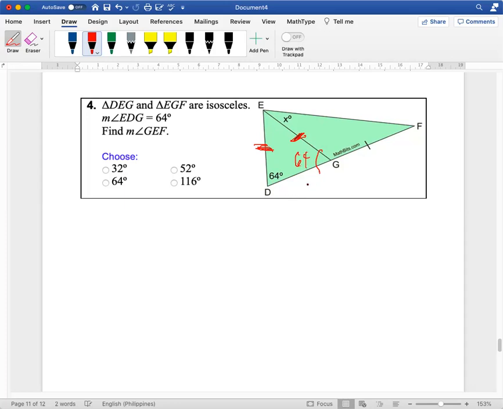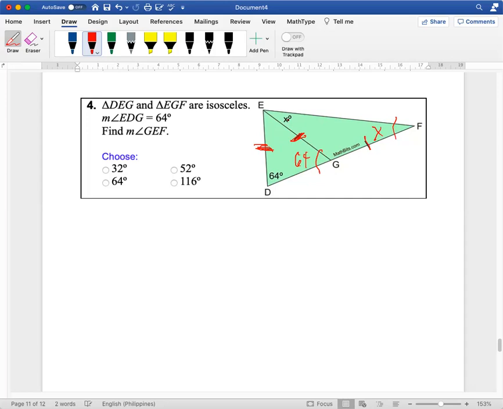We know that this triangle GEF is also isosceles, as you can see here. So their opposite angles are also congruent. If this is x, this is also x, correct? And there is a theorem, the remote interior angles of a triangle, which says that an exterior angle is equal to the sum of its remote interior angles.